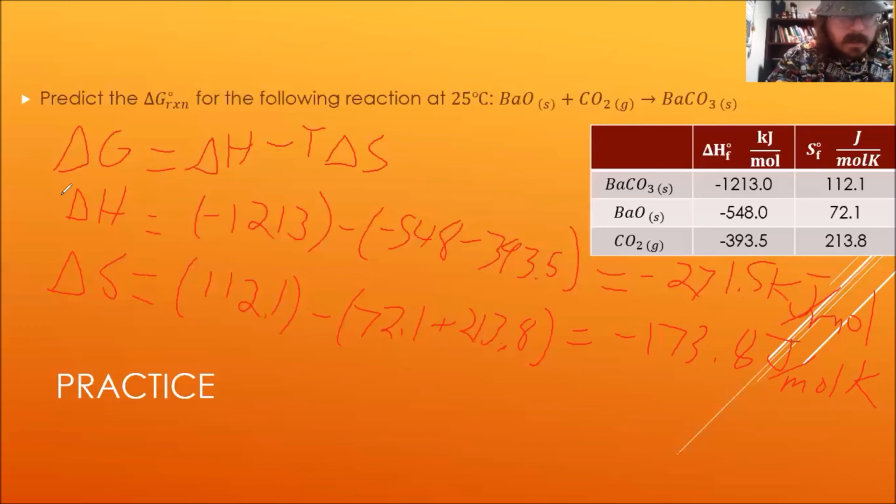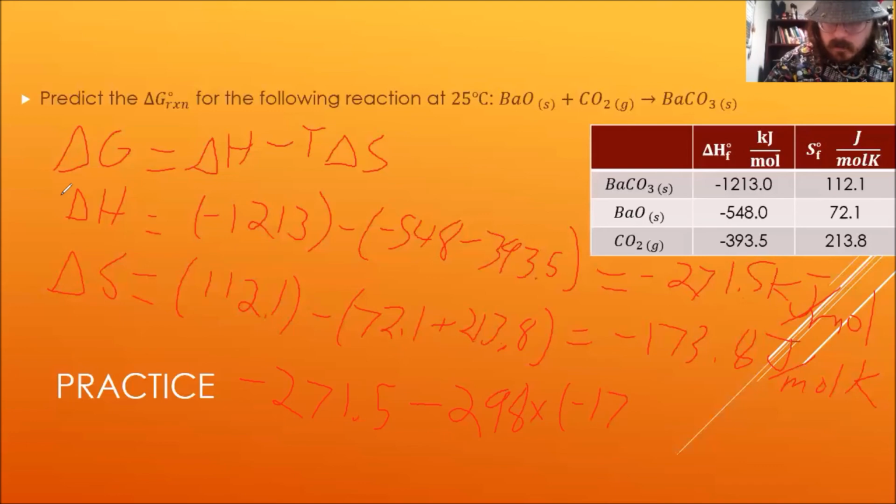So calculating delta G, it is delta H minus T delta S. We need temperature in Kelvin to turn joules per mole Kelvin into joules per mole. But we also have to turn joules per mole into kilojoules per mole.